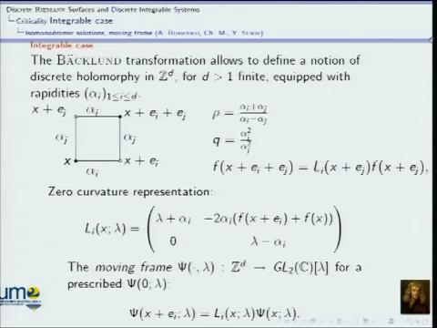So as I said, the value at one point can be defined from the value at the three other points in terms of some rational fractions, and you can put that into a zero curvature representation. So here I'm in Z2. That's actually Z to the D, but it doesn't matter much. Let's think about Z2.